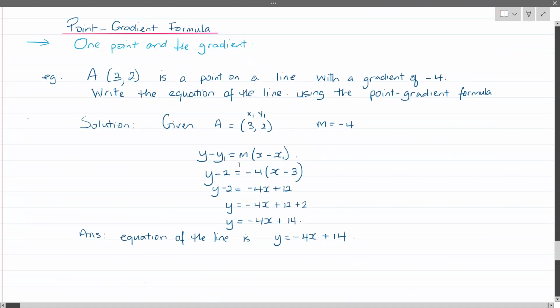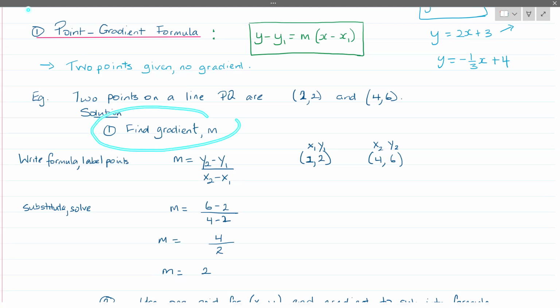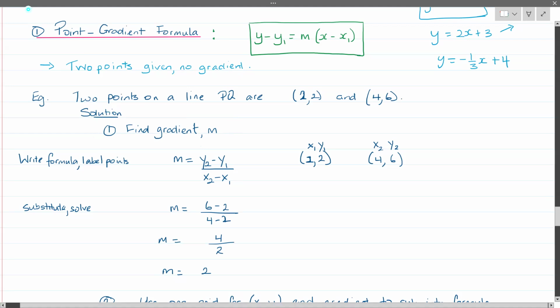In some questions, they might give you two points instead and not tell you what the gradient is. In that case, you have to work out the gradient first before you can get to writing the equation of a line, because you need the gradient in order to work out the equation of a line. Understand?